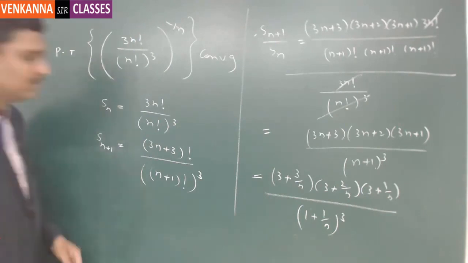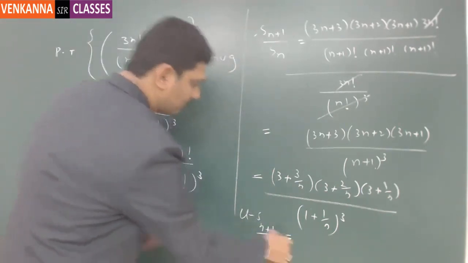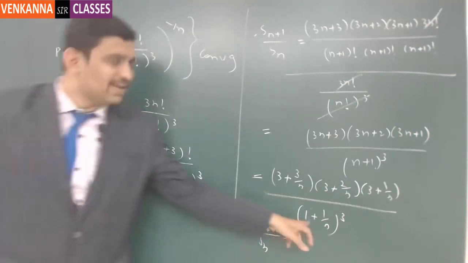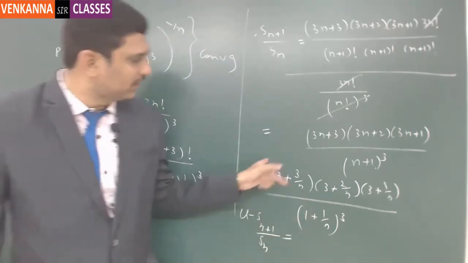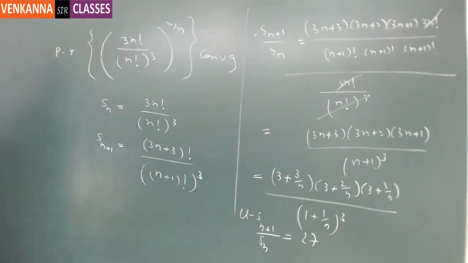So if you calculate the limit, the denominator value is 1. In the numerator, you have 3 into 3 into 3. The value will be 27. Please check. If I apply the limit, the value will be 27. Accepted all?